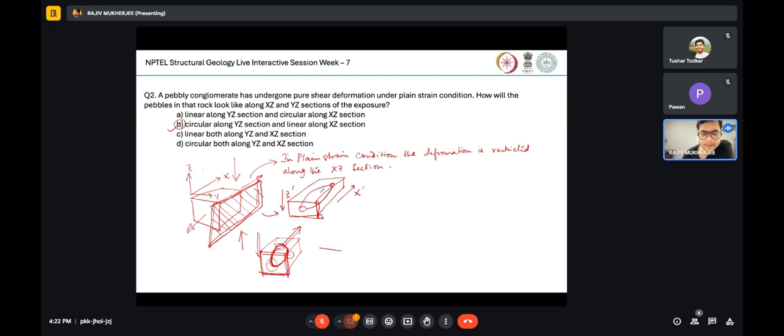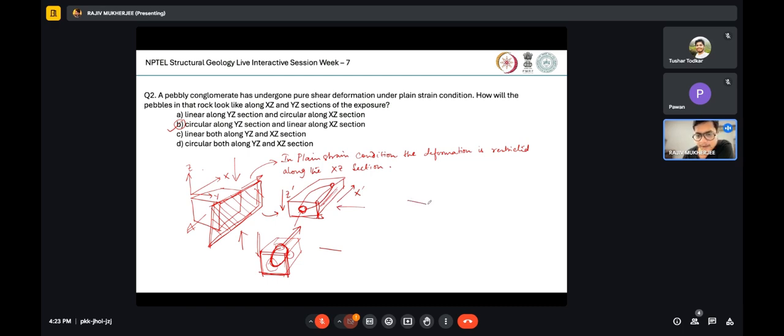The pebble will become like this, flattened and stretched. But since I am restricting my deformation only to the xz plane, when I'm looking from this yz plane, I'm seeing a spherical dot-like feature. But whenever I'm looking from this direction, I am seeing that it has been stretched, and the trace of this pebble will appear as a linear feature.